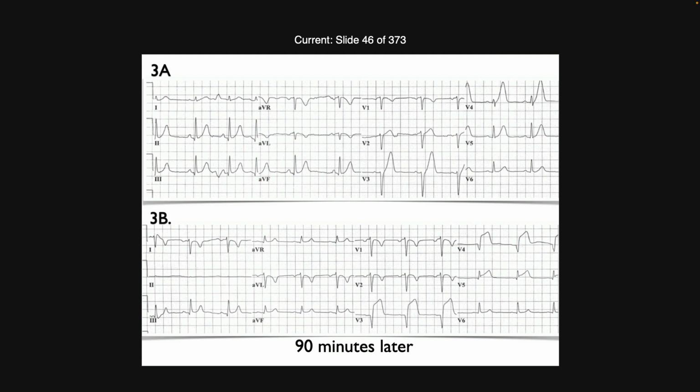But you're in the back of the ambulance and you see those and you think, okay, I can't call a STEMI based on this, but we're going to go to the right place and go there speedy. And sure enough, 90 minutes later, we've got it. The inferior, again, a little too early to call it, but let's see, did anything actually happen? It didn't really develop too much here. Maybe it might be coming.